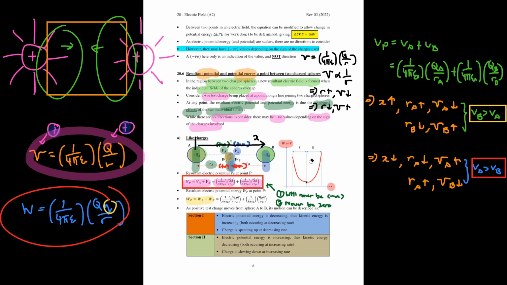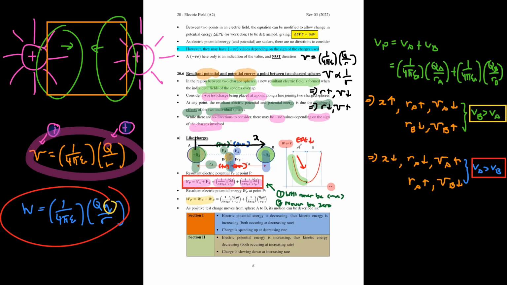Now from there, sometimes we may ask you to deduce certain things from the graph of your electric potential energy as well as your potential. Without talking so much about this, I'll just tell you the general trend. If you're going from here to here, your EPE is dropping because you see the value is dropping.